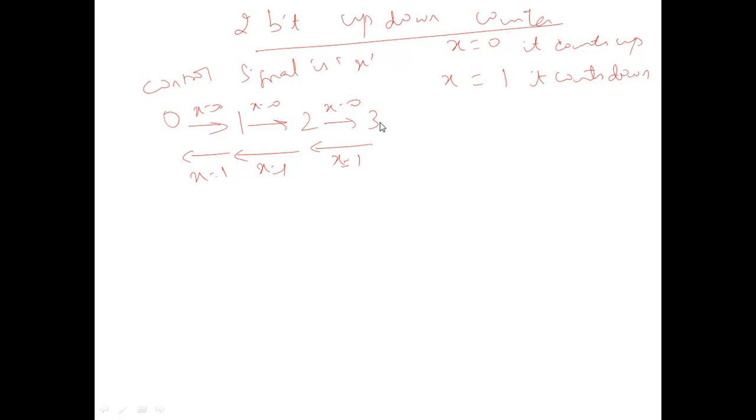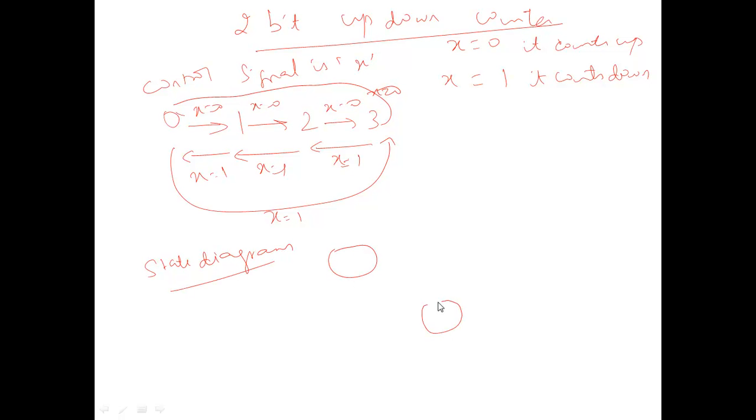From here also, if X equal to 0, it will go to the initial state. From here, with X equal to 1, it will come to the final state 3. Okay. So we will draw this as a state diagram so that you will easily understand. State diagram for the 2-bit up down counter, 4 states are there: 0 0, 0 1, 1 0, 1 1.